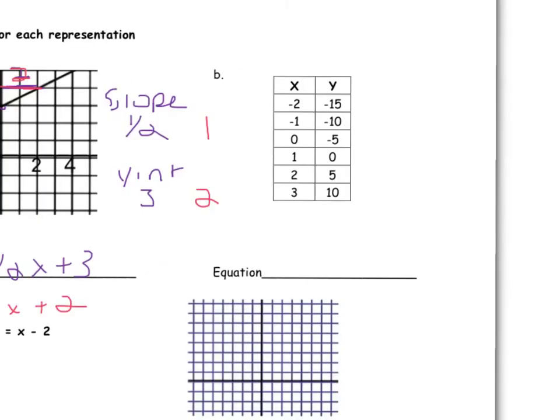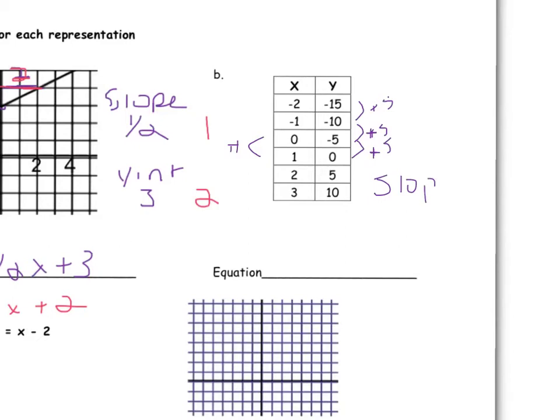For b, many of you had the plus 5 over here, that you were going up 5 every time compared to your plus 1. But then you did not translate that into the correct slope or rate.